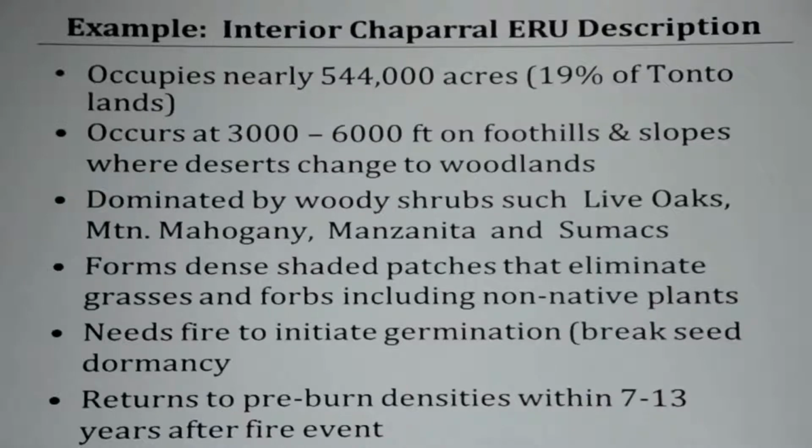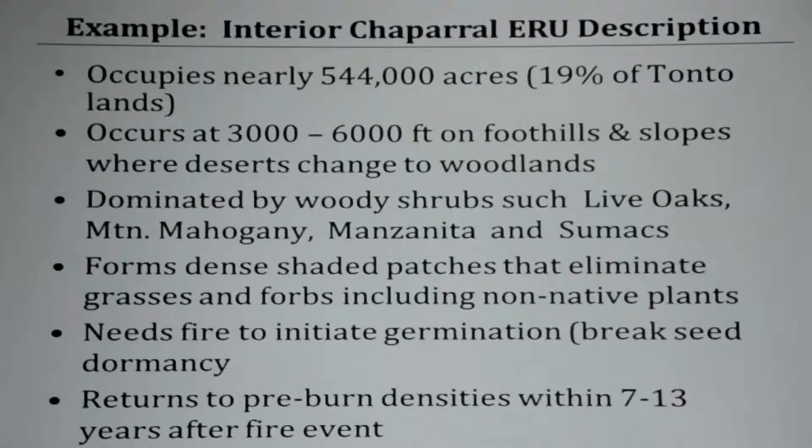It forms dense, really close-packed, shaded patches. And in doing that, it competes very well against other plant species, including some of our non-natives. But in a mature stand of chaparral, basically you don't have grasses and forbs under the canopies.